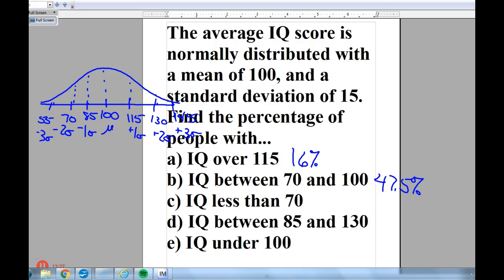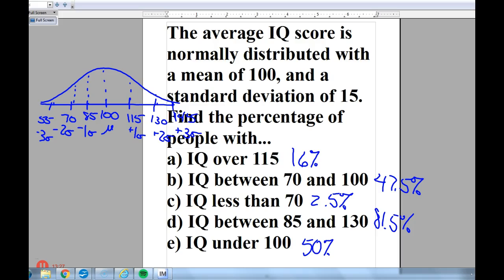Alright. So IQ less than 70: I'm going 2 standard deviations below and adding up those, so 2.5%. Between 85 and 130, that's 1 below to 2 above, so 68 plus 13.5, so 81.5. And then under 100, well 100 is right in the middle, right? Is 100 the mean?